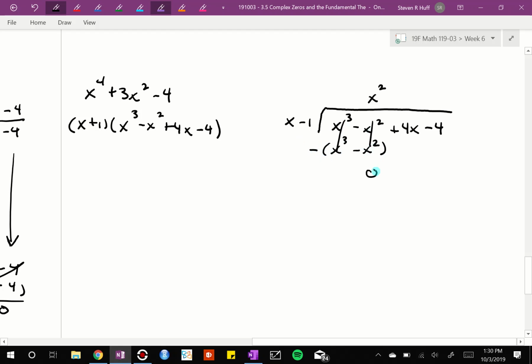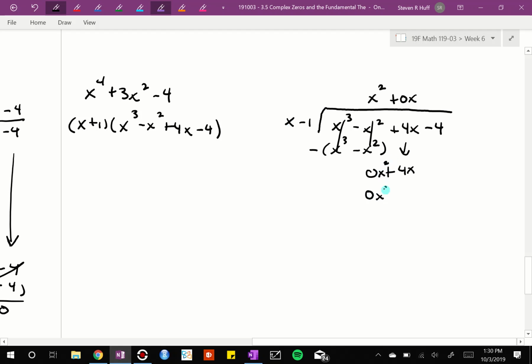So it looks like we have 0 here, plus 4x. Plus 4. Plus 0x, because this is 0x squared.